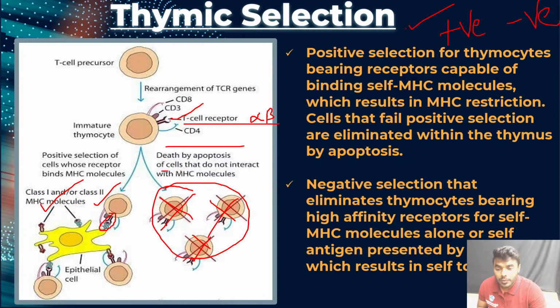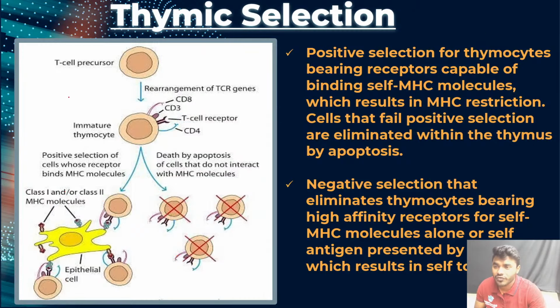It is death by apoptosis of the cells that do not interact with the MHC molecules. Kindly do not get confused with this particular point. It is only the T cells which are not associating with the self-MHC. This is what, friends, positive selection.